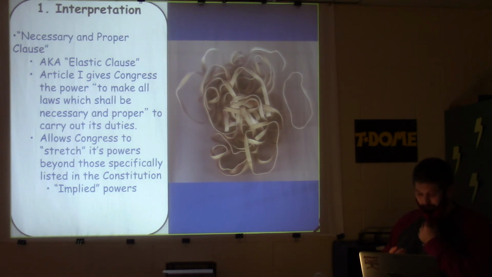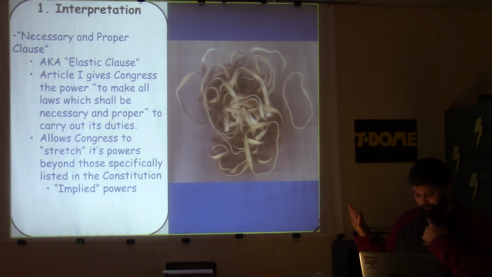So even though it might not be mentioned necessarily in the Constitution, this elastic clause gives Congress the ability to do whatever they want, okay? As long as they are making all laws which shall be necessary and proper to carry out its duties.